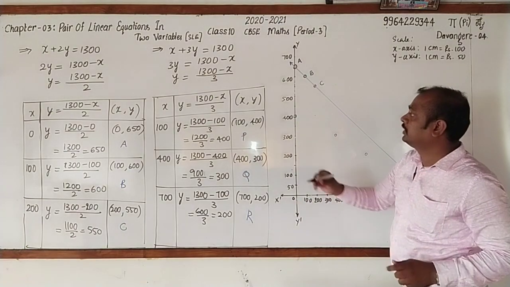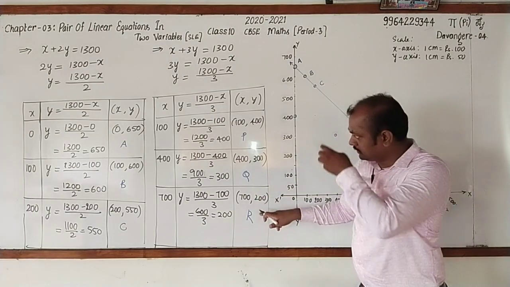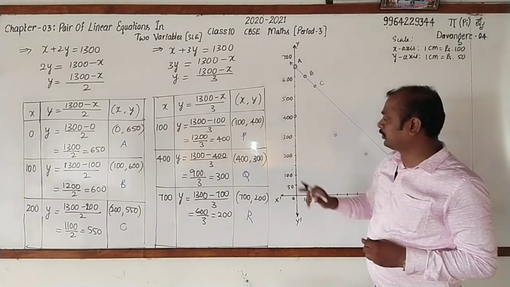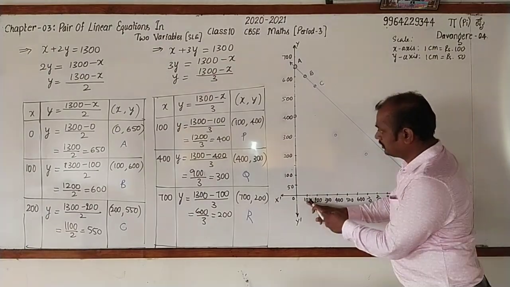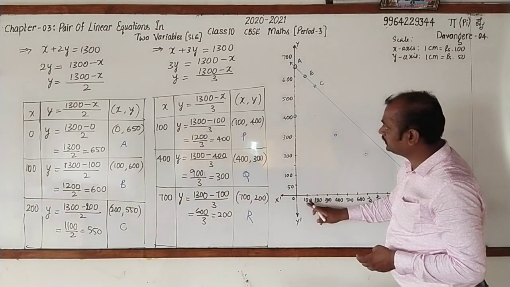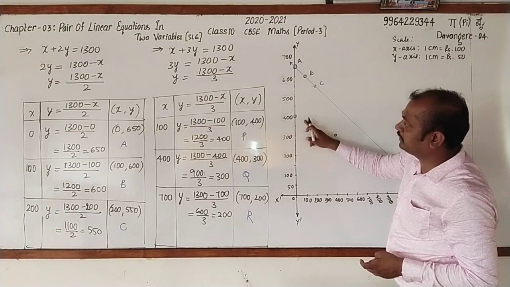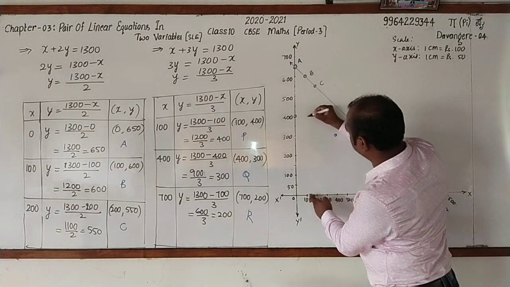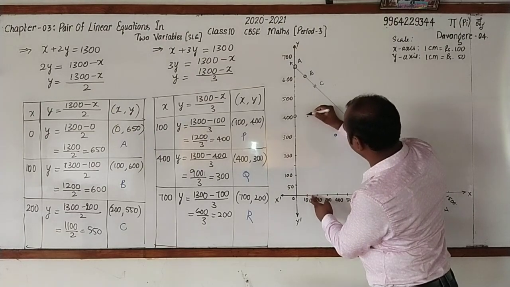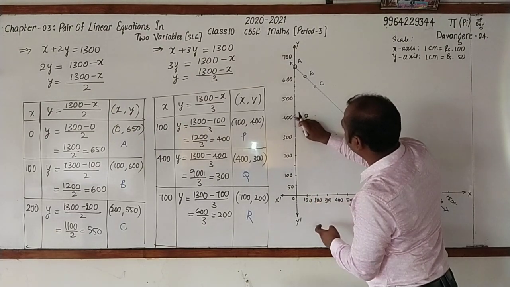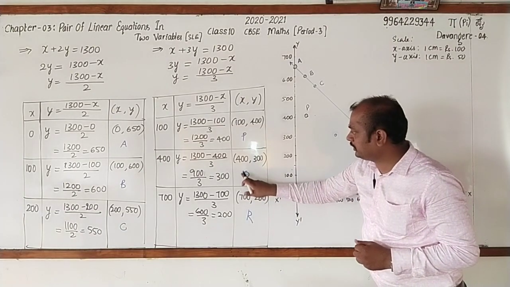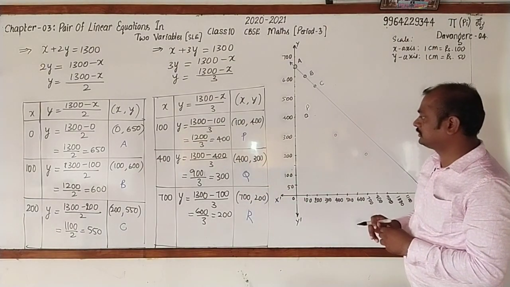Yes. Here it is P, Q and R. These are the 3 coordinate points. First one, (100, 400). When x is 100, y is 400. That comes here. Let me mark that here. This is P. Next, when x is 400, y is 300.